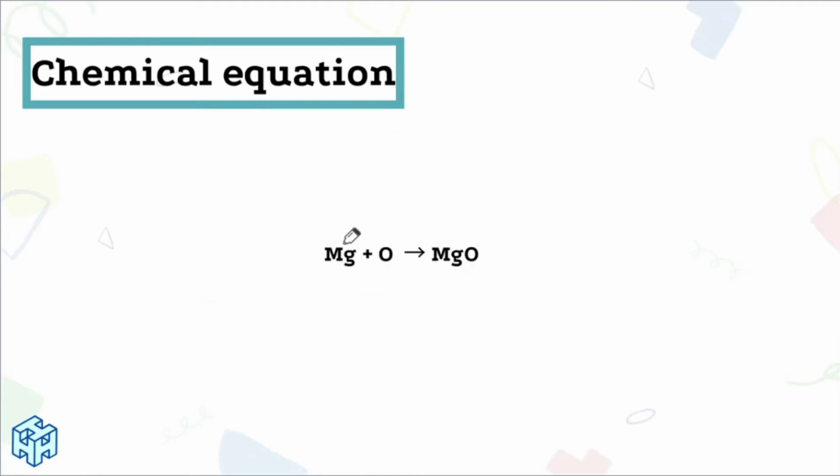Now let me explain magnesium oxide. When I am adding magnesium plus oxygen we get magnesium oxide. Did you understand? Thus a chemical equation is nothing but simple.